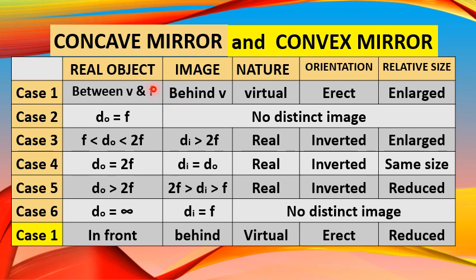But for concave mirror, there are 6 cases, depending on where the object is located. So, for instance, in case 1, this is where the object is located between the vertex and the focus. An example of this situation is when we are using a concave shaving mirror.